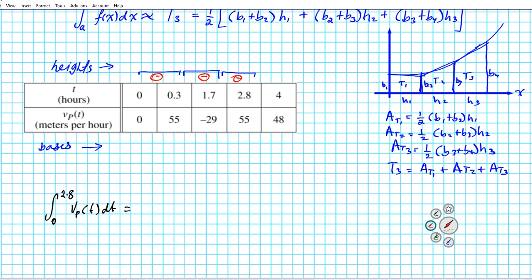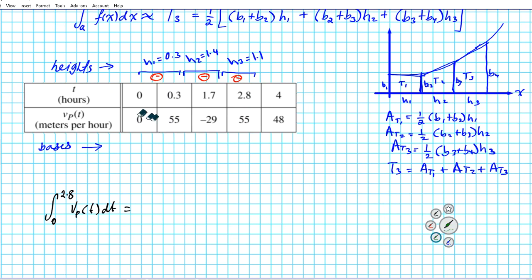So the first height, subtract these two, h1 is going to be 0.3. h2, subtract these two, is going to be 1.4. And then subtract these two for h3. h3 is going to be 1.1. Okay? And then our bases, b1 plus b2 plus, it goes on and on.